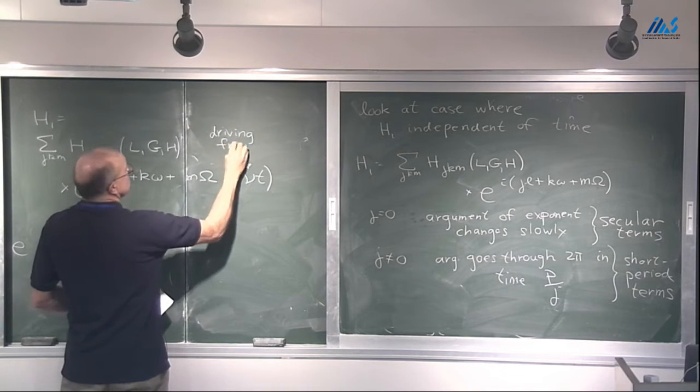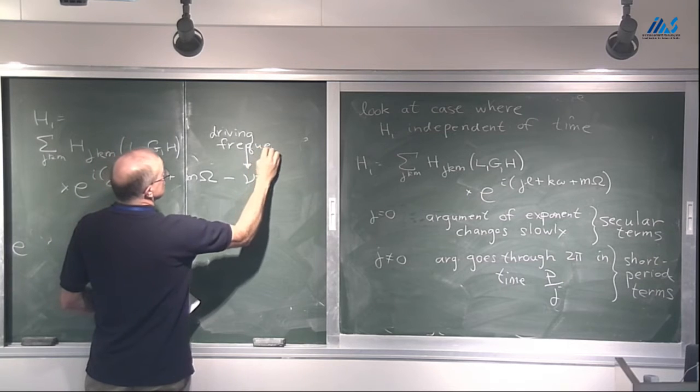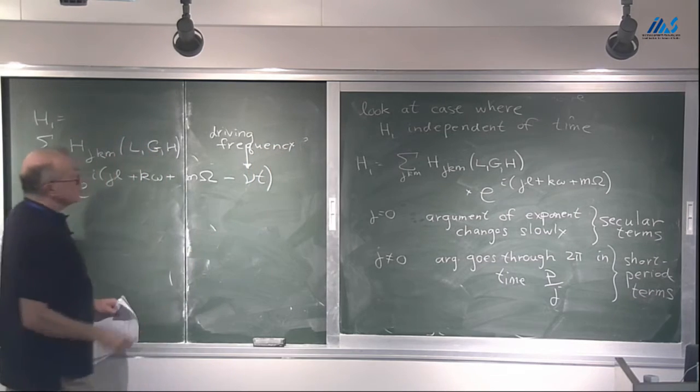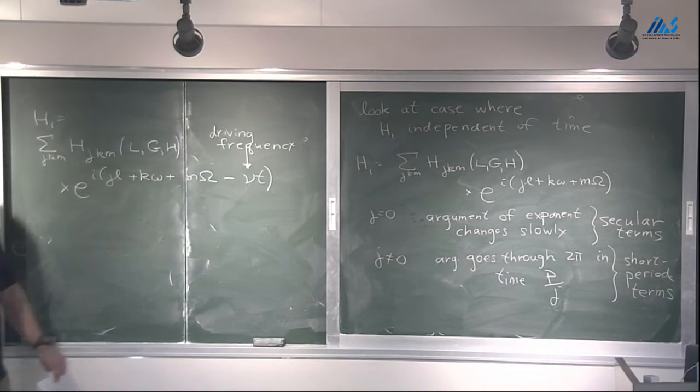So for example, if the perturbation is due to another planet, nu would be some integer multiple of the orbital frequency of that planet.